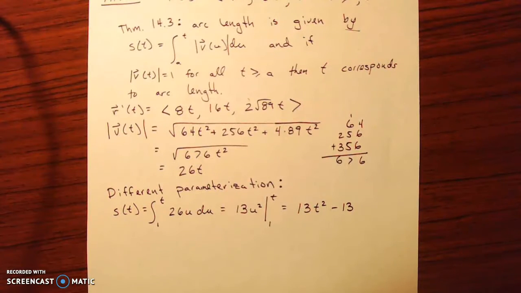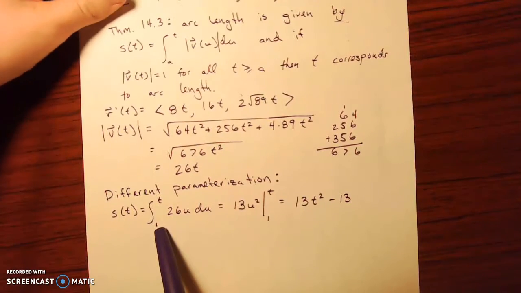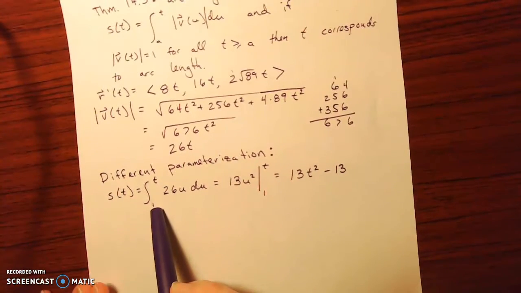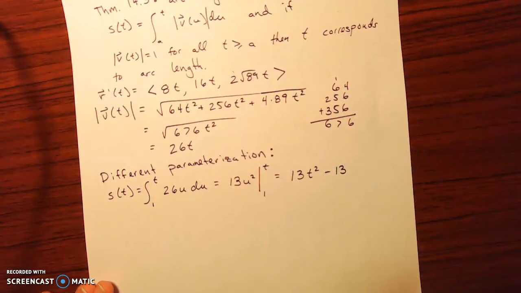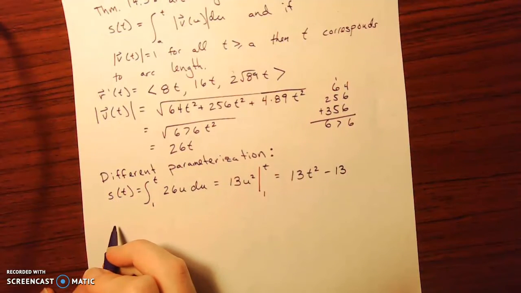So we could find the arc length for any value t between 1 and 4, but I want to parameterize so that the arc length is the parameter.